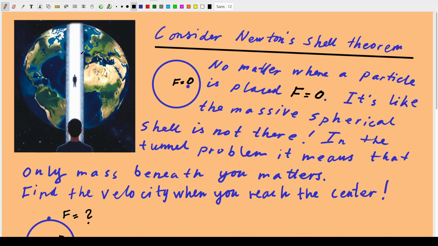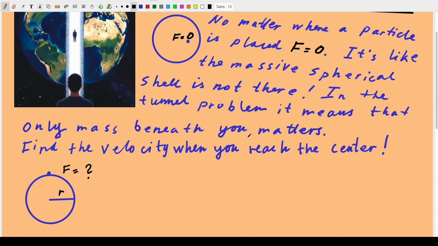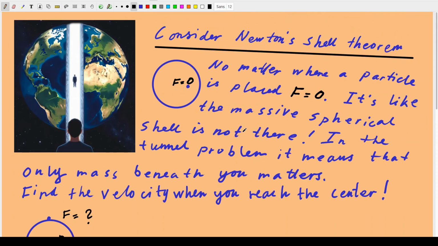So you don't have to consider all the mass above you when you fall here. Only the spherical mass beneath you is of interest for calculating the forces. And in this particular problem, I would like to know the velocity here.